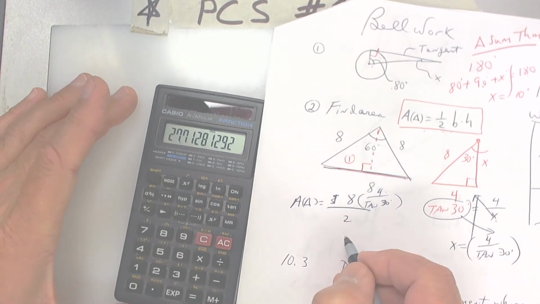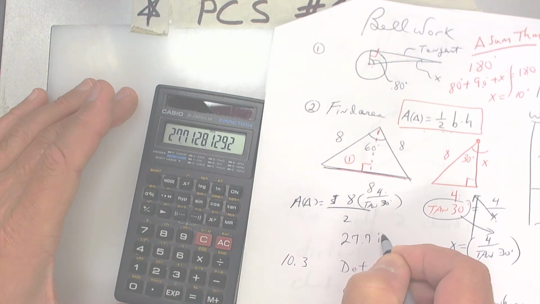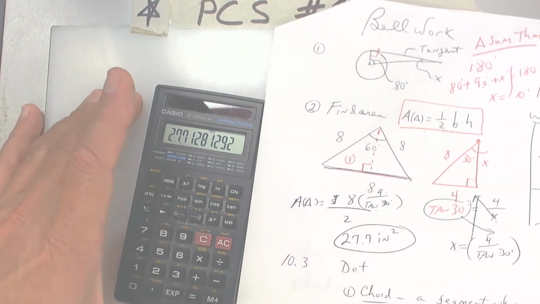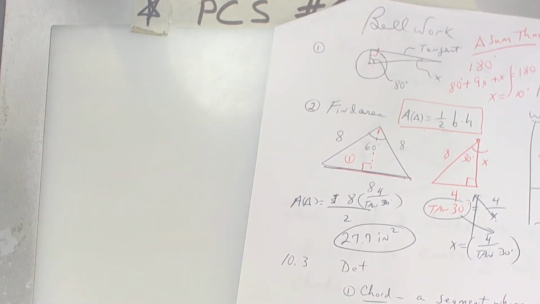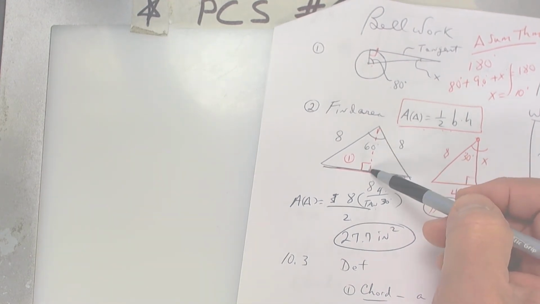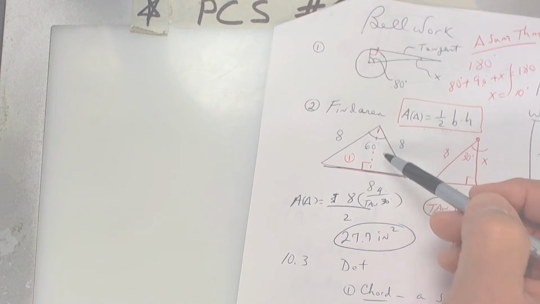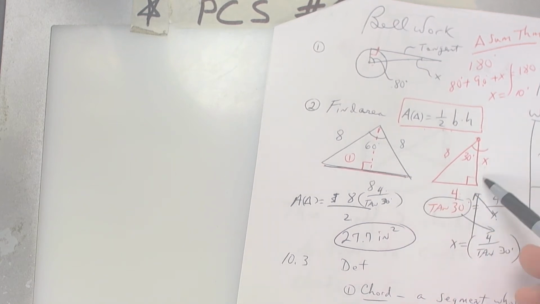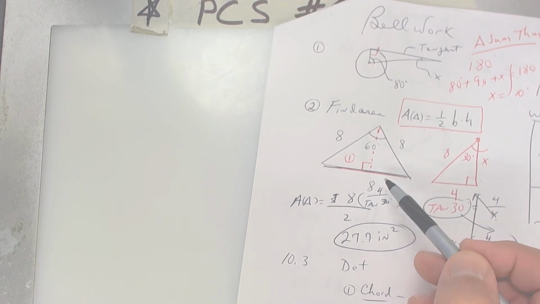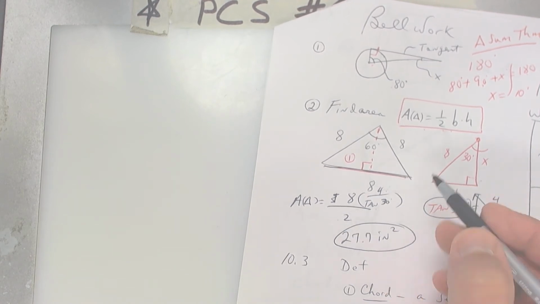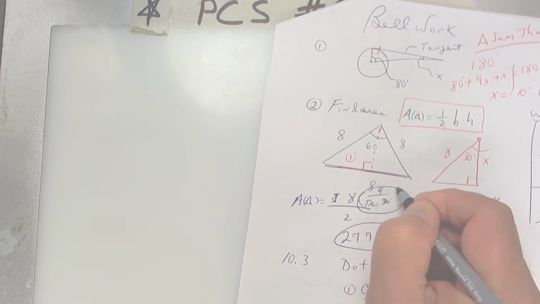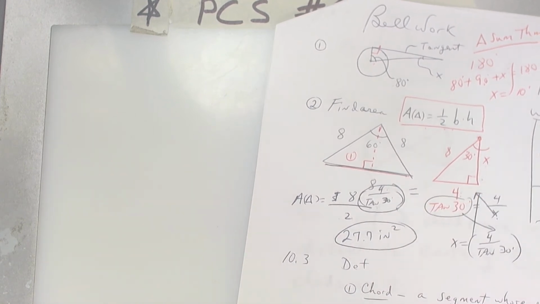I get 27.7 square inches, and that's how you do the area of that triangle. And you need to know how to do that, okay? So all you do is drop an altitude, you split the upper angle, and you split the base. You pull the triangle out, you do some trig on it, and then you use your formula. Last thing you do is divide by 2. Make sure that when you divide this, you press equals, and that's the trick.